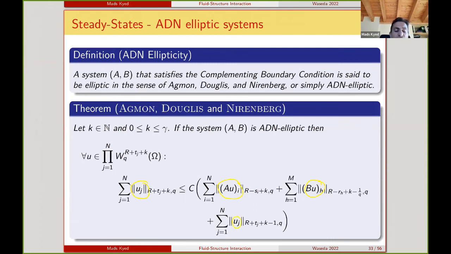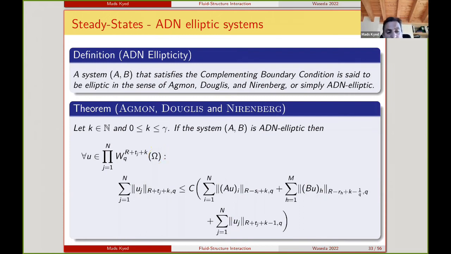So Agmon, Douglis, Nirenberg theorems in the elliptic case always have this lower order term on the right-hand side. The reason for this is that the theorem is formulated for systems on a general bounded domain. The way you show these estimates is you localize, so there's a localization argument behind it.